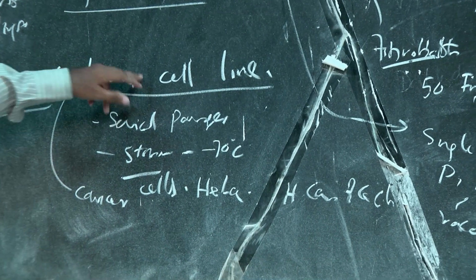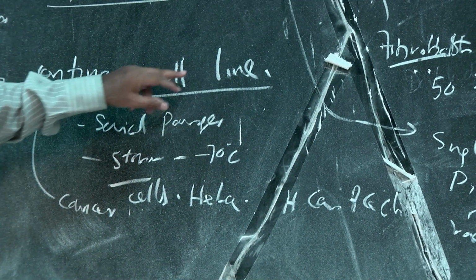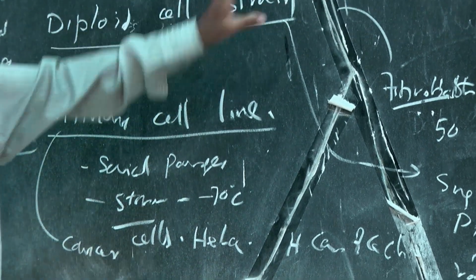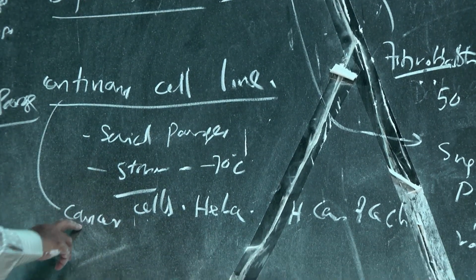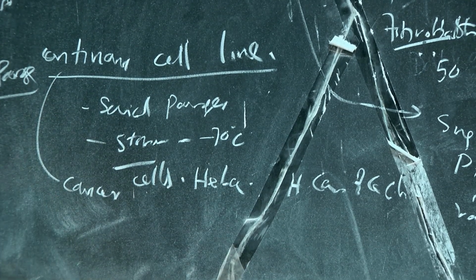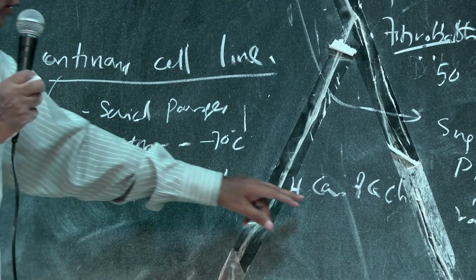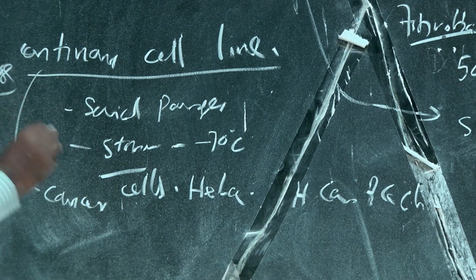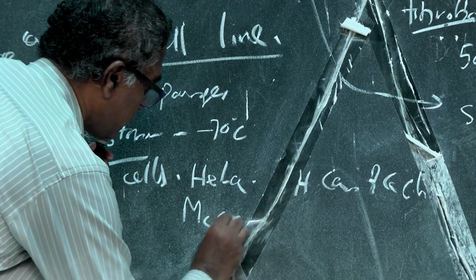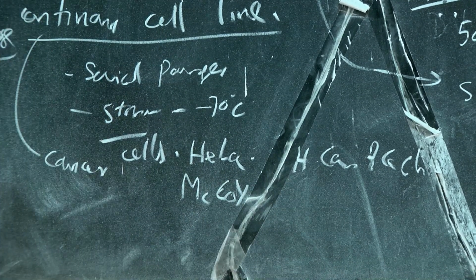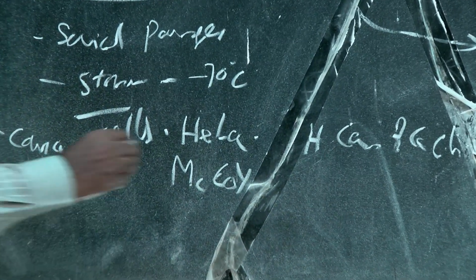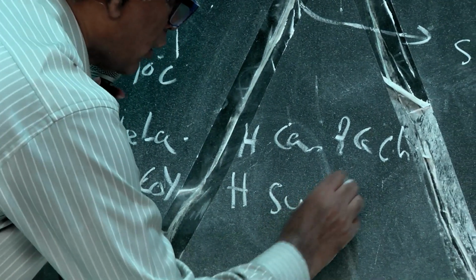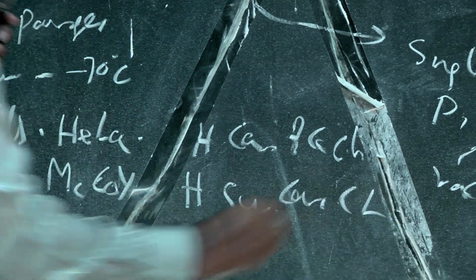So for a continuous cell line, the suffix is always cell line. For a diploid cell strain, the suffix is strain. For primary, it is okay. So examples of continuous cancer cell lines are the human carcinoma of cervix cell line. Otherwise, McCoy cell line, that is the human synovial carcinoma cell line.